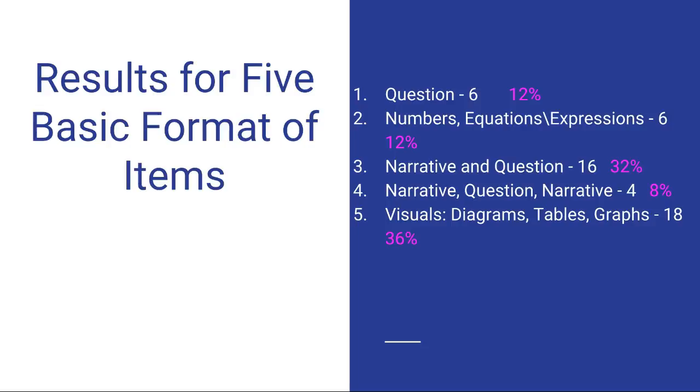And then we had 4 questions that had a narrative, a break, question, break, narrative, which would be 8% of the test. And then number 5, we had 18 questions that contained visuals in the question portion, whether it was a diagram, table, a graph, or a number line. That was the majority, that was most of the test. 36% of the items had visuals.